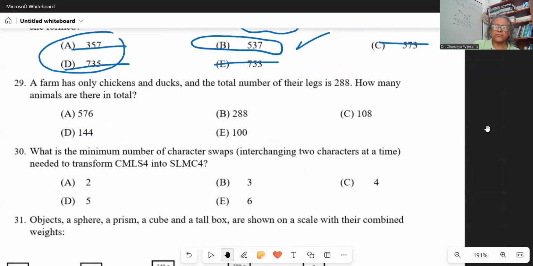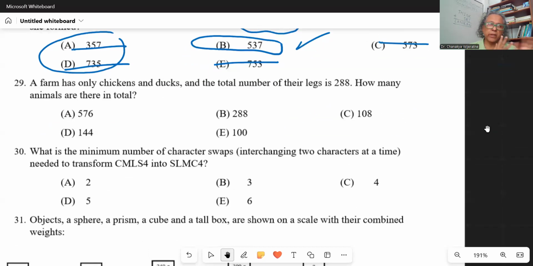The farm has only chickens and ducks, and the total number of their legs is 288. How many animals are there in total? You see, this is like those questions where you have chickens and rabbits, but luckily, chickens and ducks both have 2 legs. They are normal chickens, right?